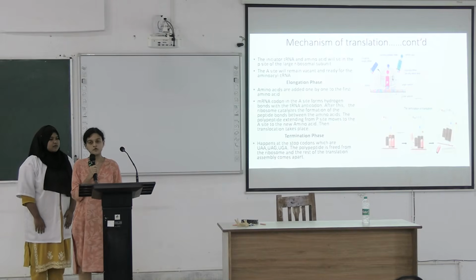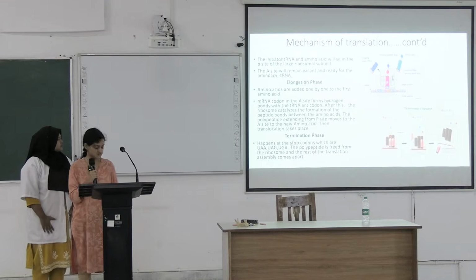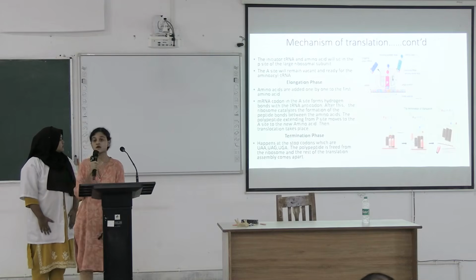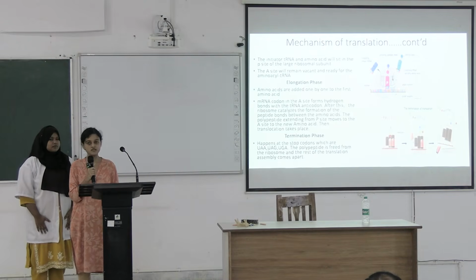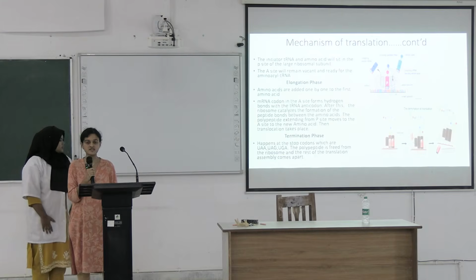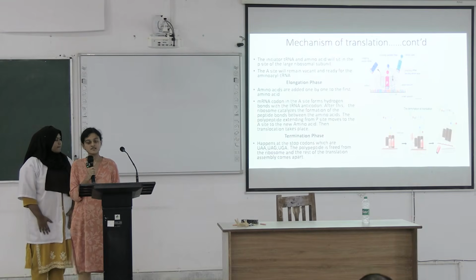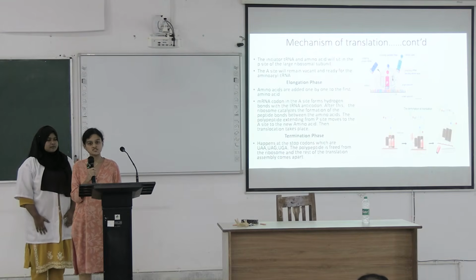So the protein chain is being formed. Now, termination. When the ribosome reaches a stop codon, which can be any of these three codons, UAA, UAG, or UGA, then the polypeptide chain is released and the translation process stops.